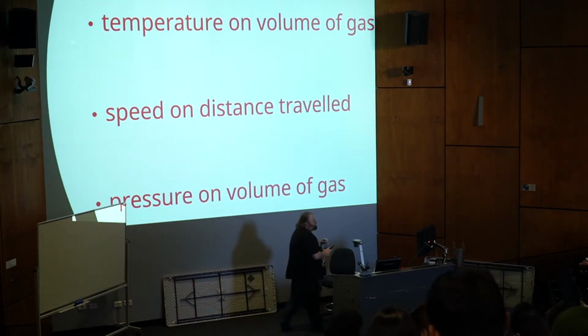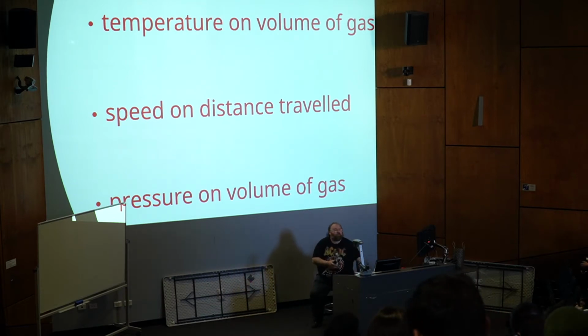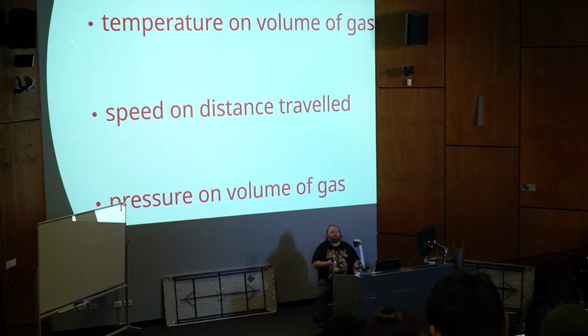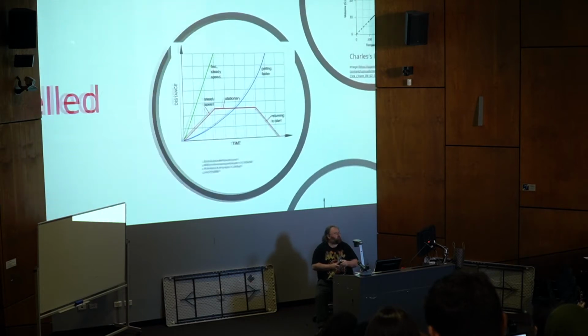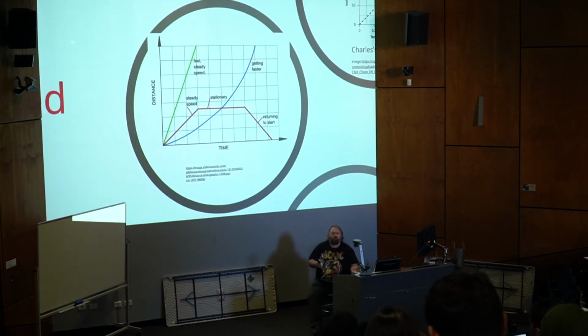Speed and distance travelled. I've got to admit, this was kind of weird. My background is physics, but when they just said the relationship between speed and distance travelled, it was like, well, if you go faster, you travel further. That's essentially it. This was a good graphic because it did a lot of things.